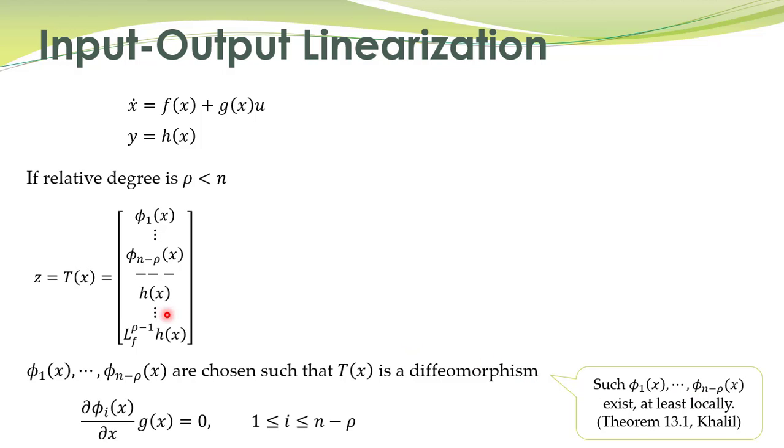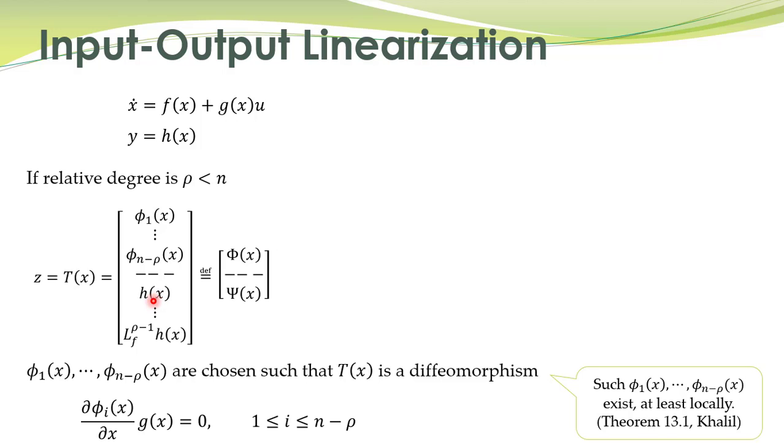In addition to making this a diffeomorphism, these phi i's must satisfy this additional condition, that is, the partial derivative of phi i with respect to x multiplied by g of x must be 0 for all i between 1 up to n minus rho.